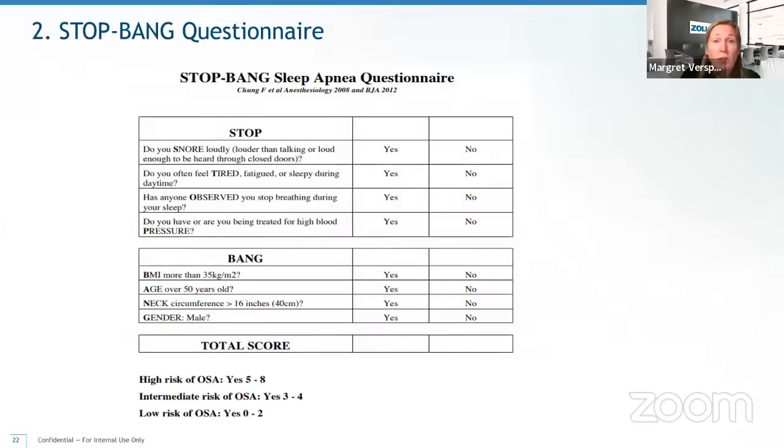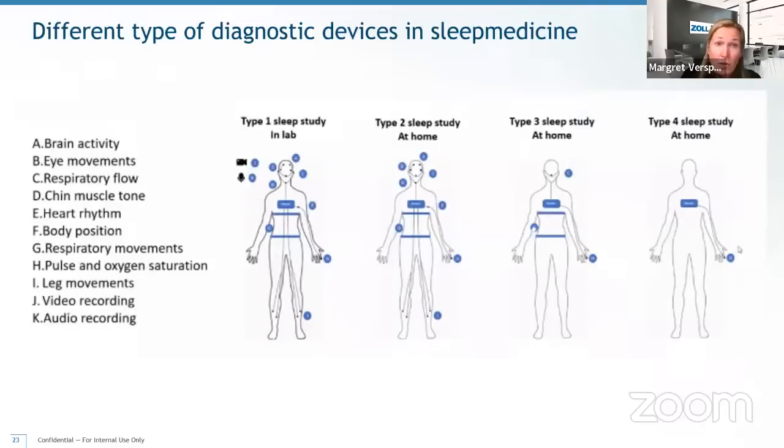So once you've done the questionnaire, you decide what type of diagnostic test you want to do with this patient. In sleep medicine, we talk about type 1, type 2, type 3, type 4 sleep studies. Yes. So type 1 is the in-lab sleep study, the polysomnography in-lab.